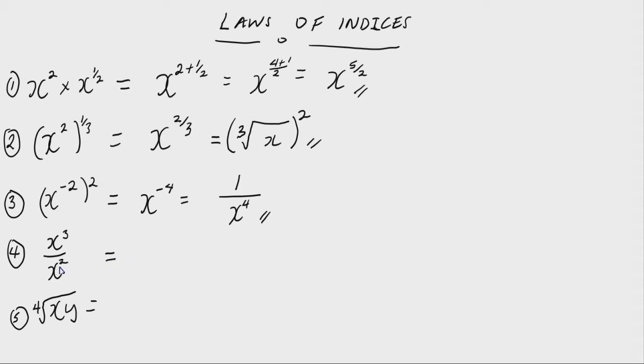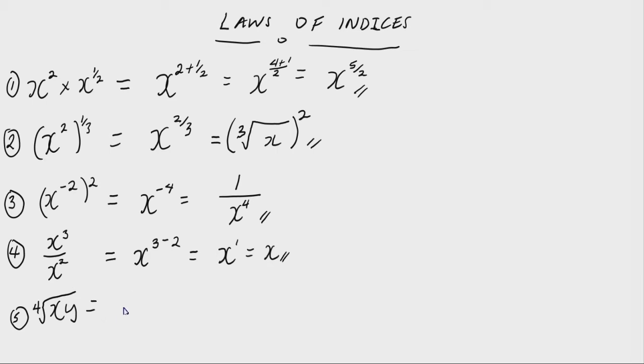And here we have x cubed divided by x squared. You should be able to know that this is the same thing as x to the 3 minus 2. See, here we're multiplying and we're adding the exponents. Here we're dividing and we're subtracting the exponents. So you should know that. And when you subtract 2 from 3, you get x to the 1, which is not really what we write. That just makes it equal to x.